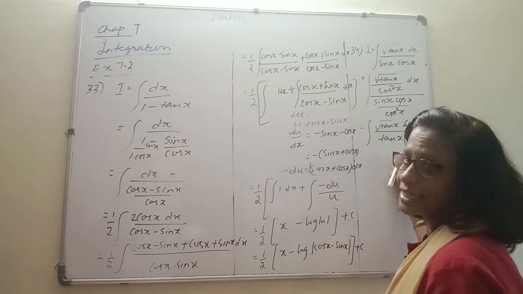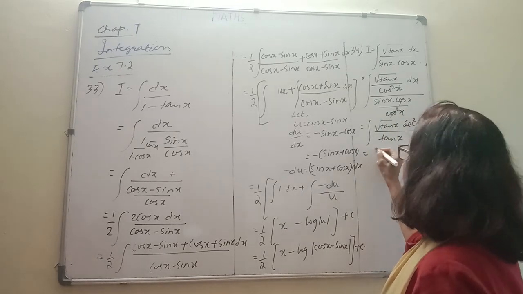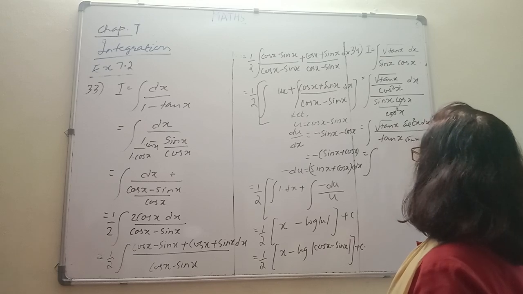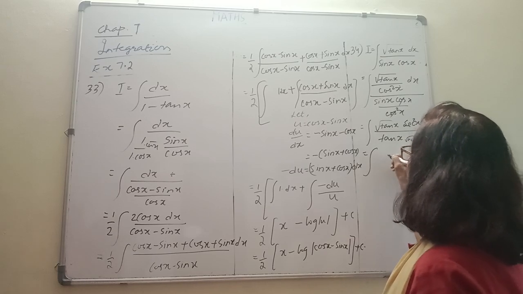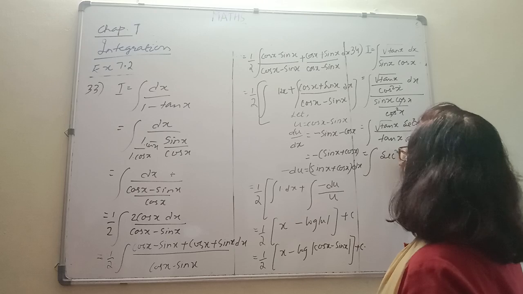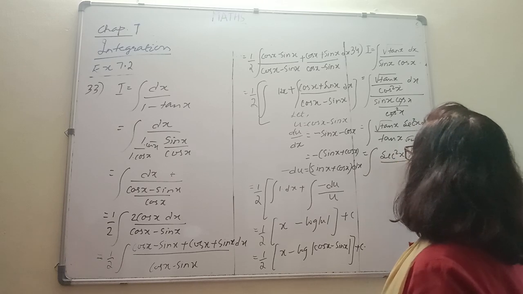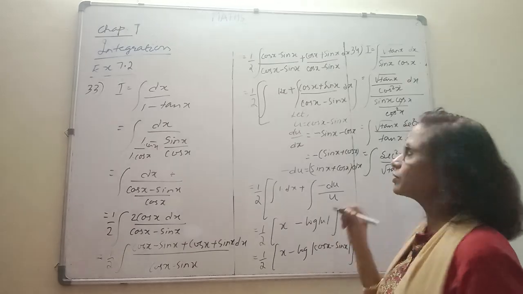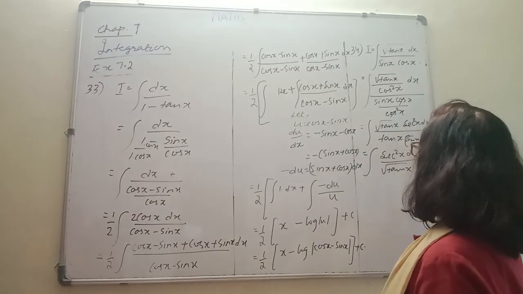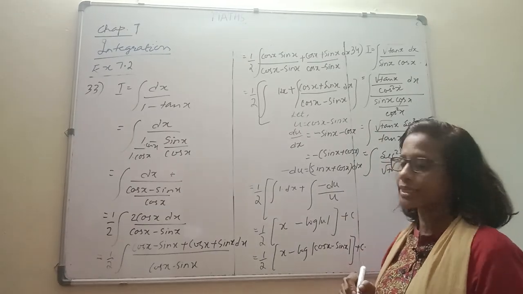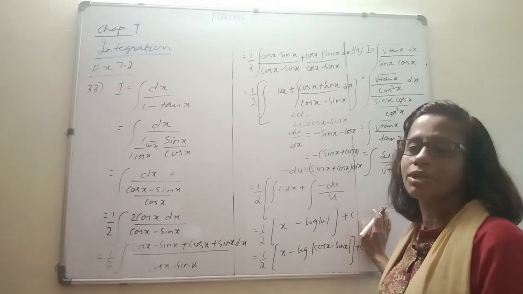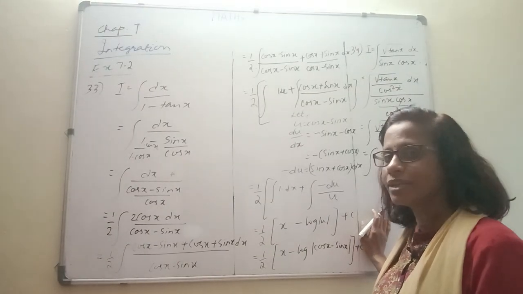Now root tan x and tan x, that will make it root tan x in the denominator, because we know that tan x is root tan x times root tan x, isn't it? So one root tan x can cancel, and you will get sec squared x dx over root tan x. Now this is simple and good, because you can call u as tan x and work it out.